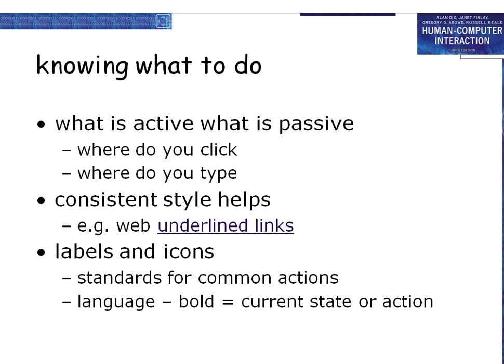After that, we must know knowing what to do. What is knowing what to do? We can implement it in our application, on our website, in our software, with what is active and what is passive. Maybe because we know this is an active button, we can make it lighter than the passive button.